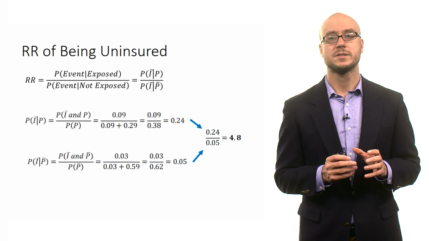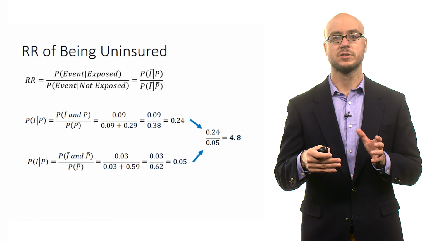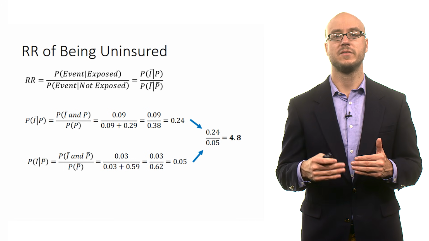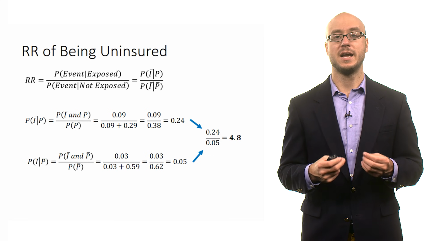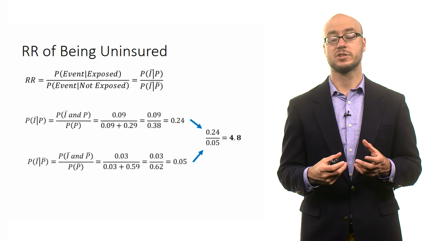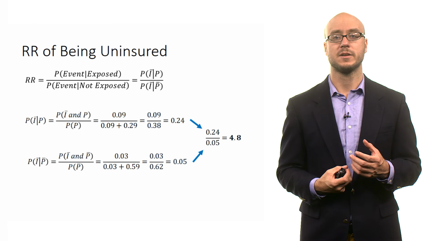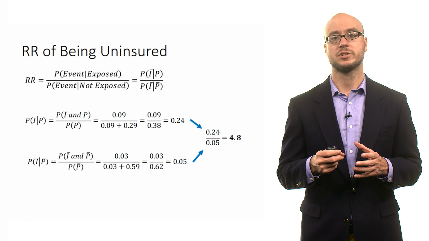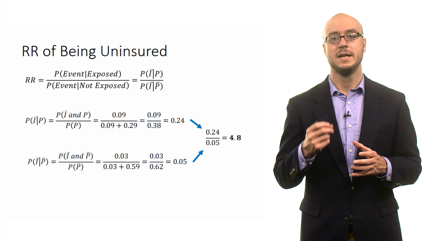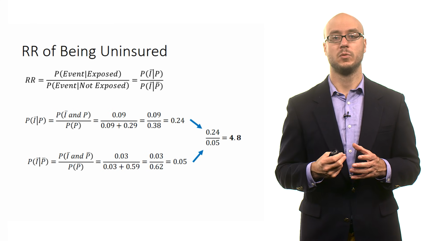So for the relative risk, we want the probability of event given exposure divided by the probability of the event given no exposure. The event here is not having health insurance, and the exposure is being poor or growing up in poverty. So in this case, we're going to calculate the probability of having no health insurance given you're poor divided by the probability of having no health insurance given you're not poor.